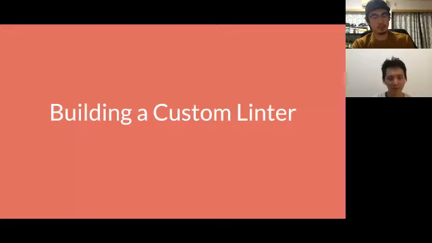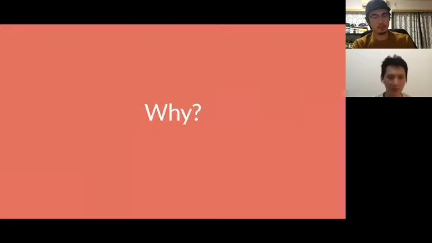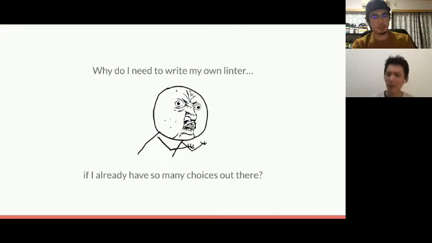But before that, we probably want to answer the question of why we want to build a linter, because we have so many options out there. We have 40 linters in golangci-lint. We also have about 20 to 30 tools in the built-in go vet tool. If we have so many options, why do we want to build one?